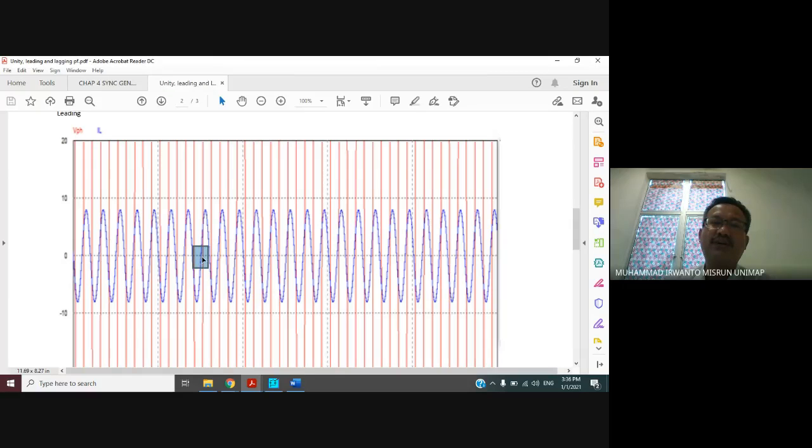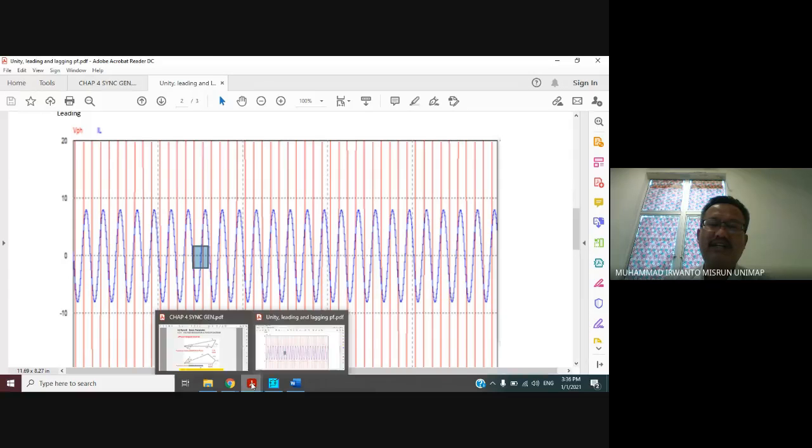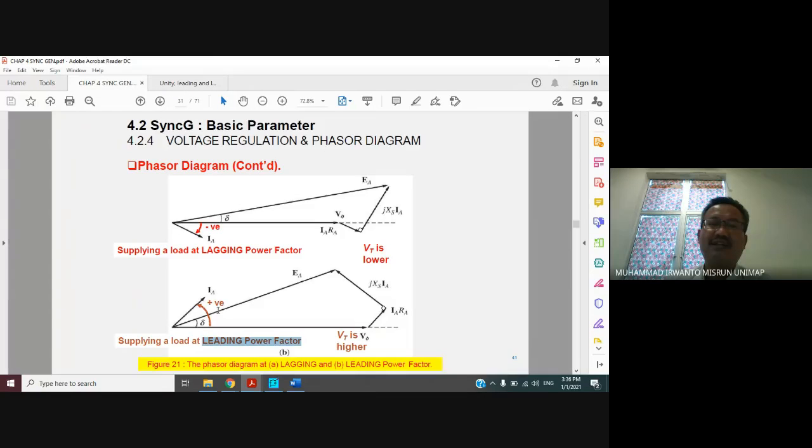The angle is the difference between voltage and current. Because the current leads, with the phase voltage as the reference, the angle is positive. You can draw it like this: this is IA. After that, you draw the IARA, parallel in direction. Then you draw jXS IA, always perpendicular at 90 degrees.